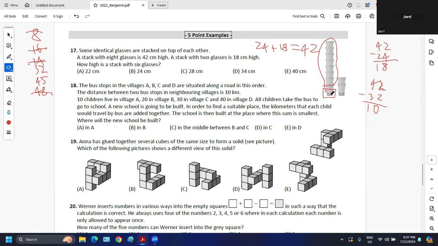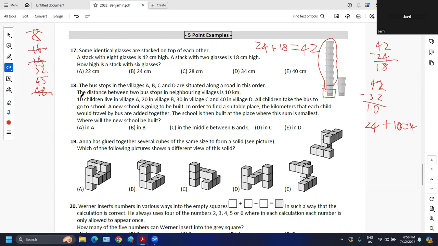If this part is 10, then we can use 24 plus 10. That equals 34, which there is an answer D, so 32 could be right.